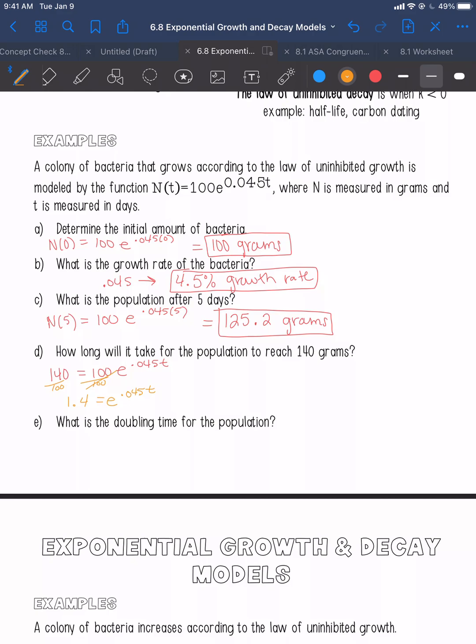To solve this, we're going to take the natural log. So that would give us the natural log of 1.4 equals 0.045 t. And to solve for t, divide by 0.045. So t is the natural log of 1.4 divided by 0.045. So t is approximately 7.5, and we're talking about days here.